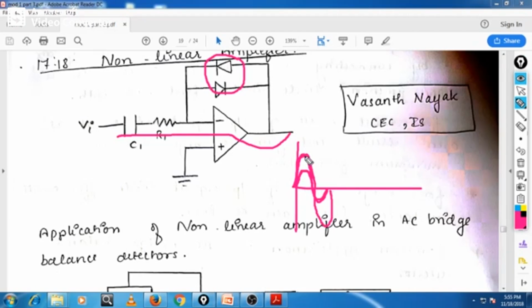For a high amplitude signal, one diode conducts during the positive cycle and the other diode conducts during the negative cycle, so the signal bypasses the operational amplifier. Like this I can suppress one component and amplify the other component. This is called a non-linear amplifier.